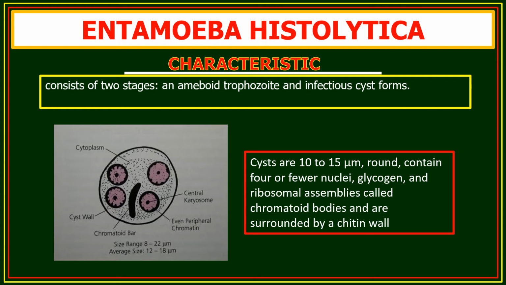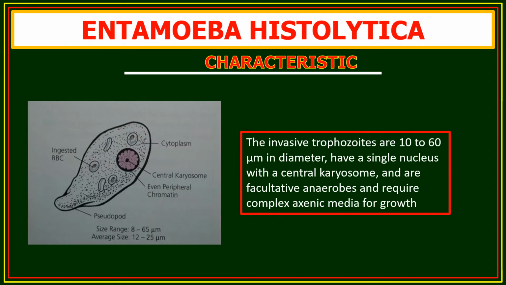Cysts can be killed by heat and freezing temperature and survive only a few months outside. Cysts are dangerous because when they are ingested by humans, the person gets the Entamoeba histolytica parasite.